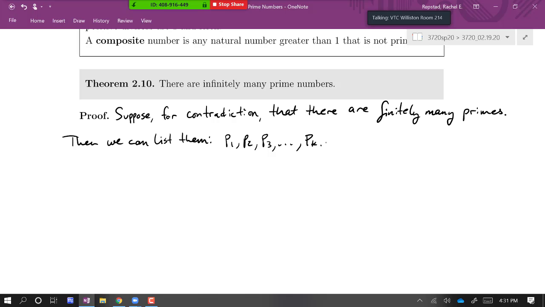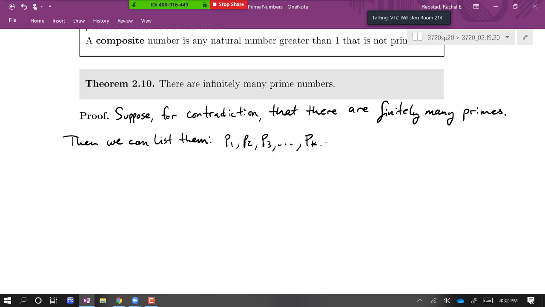And if it's not divisible by any of these primes, that means it's either divisible by a prime not on our list, or it's prime itself, right? Either of those things causes us to conclude that we couldn't list all the primes. And that's the contradiction that's going to force us to conclude that there are infinitely many.